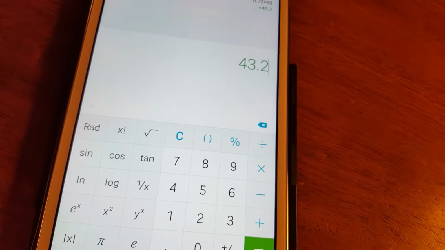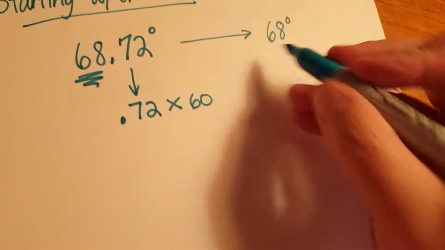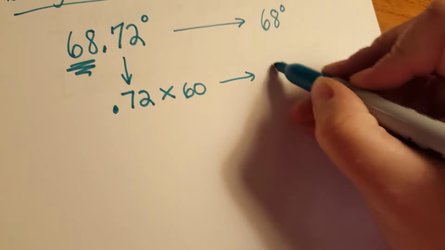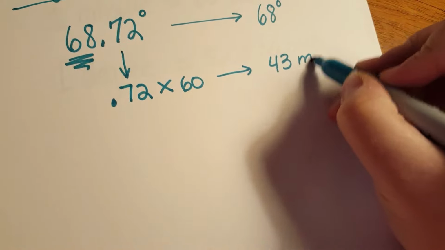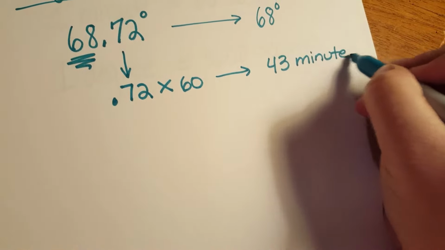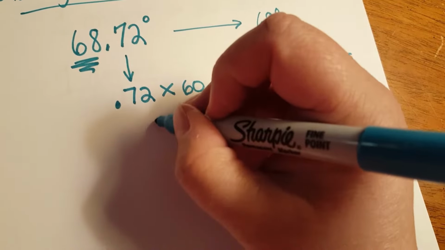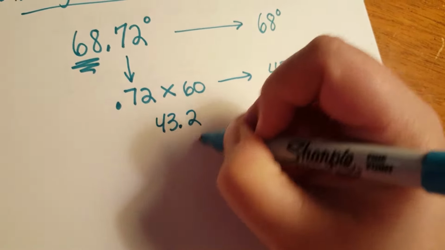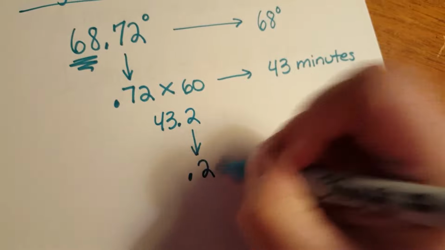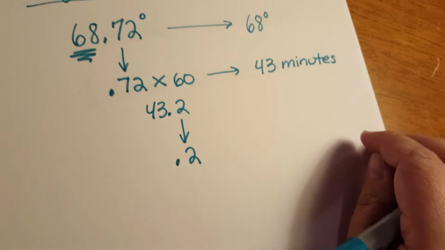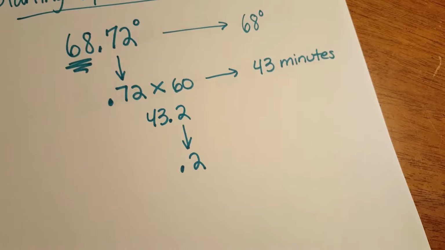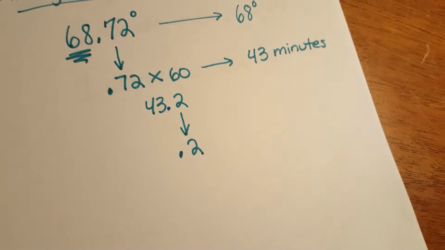So I get 43.2. Okay, so what that tells me is I have 43 minutes, but it wasn't exactly 43 minutes, it was 43.2 minutes. I take the 0.2 and I say, well, how much of a minute is that? How many seconds is 0.2 minutes?